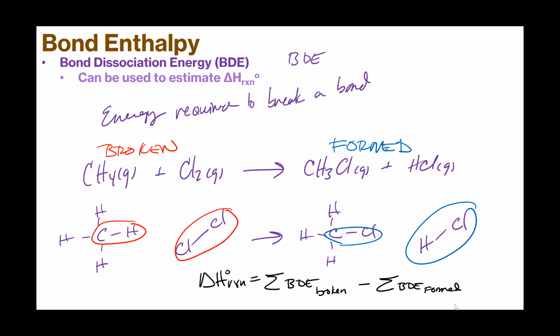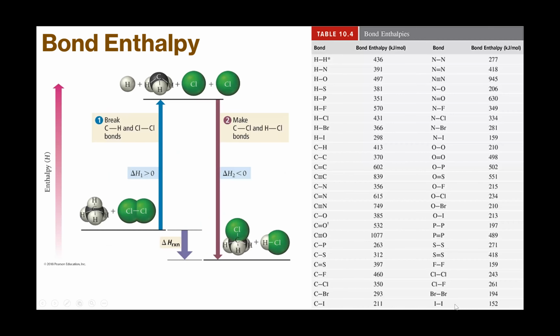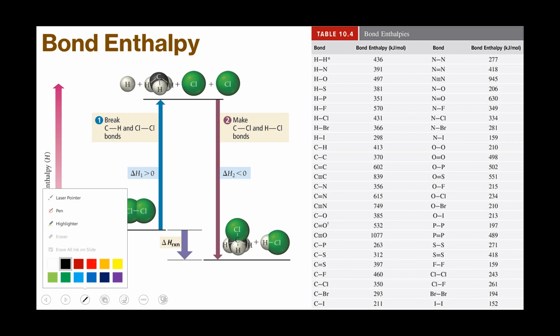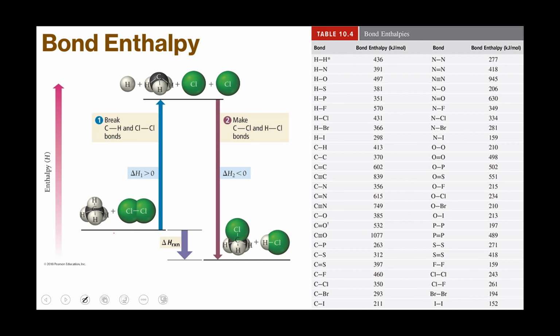All right, let's look at this. This is a table of bond enthalpy. This is the same idea as bond dissociation energy. And this is just a picture of literally what I just talked about. On this side, we're going to put energy in to break these bonds. We're going to break one CH bond and a Cl-Cl bond. That's going to make H atoms, Cl atoms, this methyl thing.